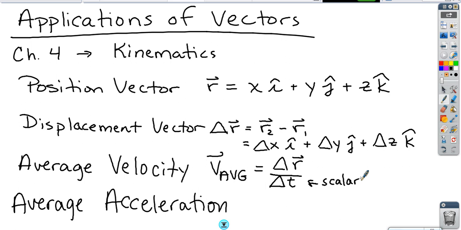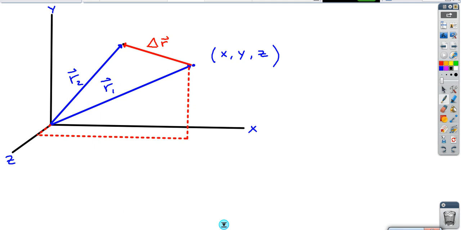So there you have an example of taking a scalar, which in this case would be 1 over delta t, and multiplying it by a vector. So scalar times a vector.